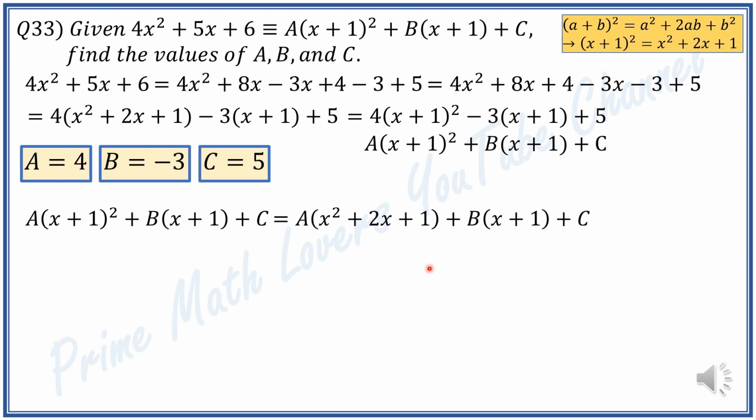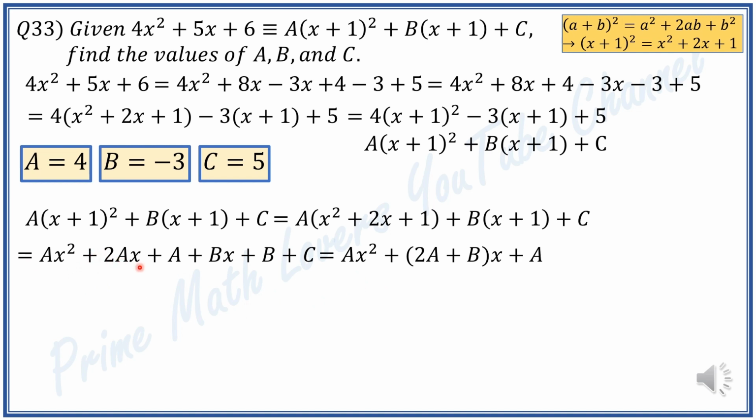Then I expand a and b, and I will get ax squared plus 2ax plus a, plus bx plus b plus c. Then I rearrange it, so I'll get ax squared plus 2a plus b times x, since 2ax and bx will be 2a plus b times x, and plus a plus b plus c.